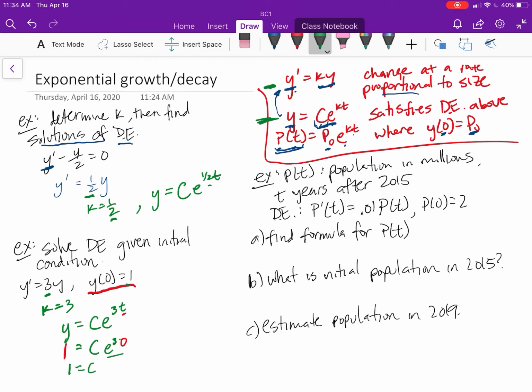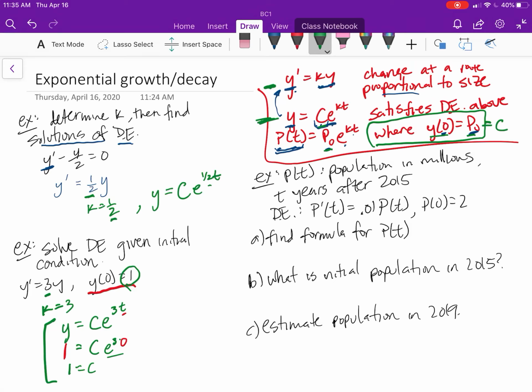But notice it told me y of 0 is 1, right? So I really didn't need to do this, but I did want to verify, since it's the first one you're looking at, that that is what it means. And that's also given over here. Okay, y of 0 is p naught, but p naught is c, right?